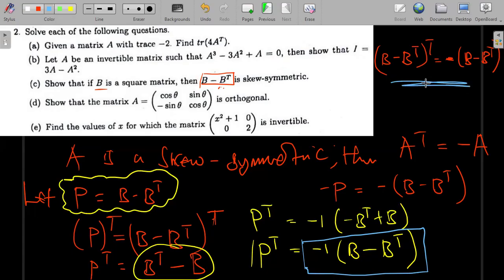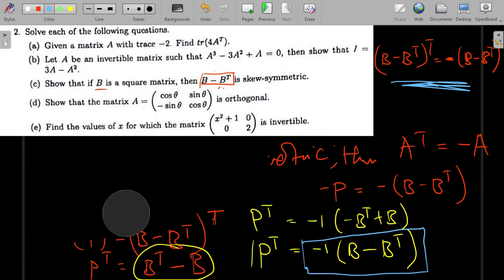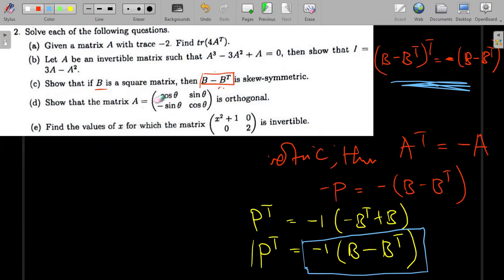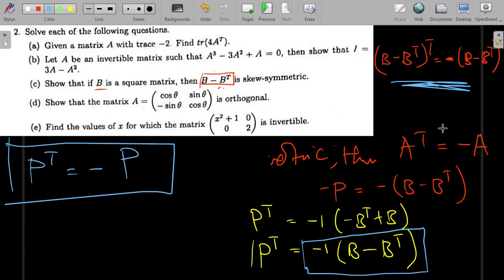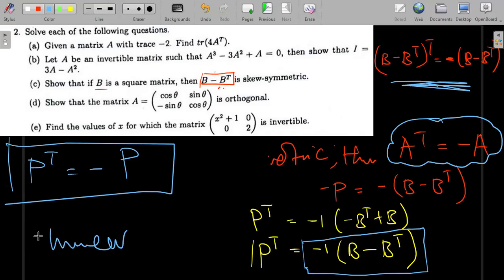So it means this condition here has been satisfied, because here we can write that P transpose is actually equal to minus P. Remember, we had set B minus B transpose to be P. So if this is achieved, then we have proved that it is skew symmetric. All right, so we're going to say hence proved. So that's how you do the proof there.